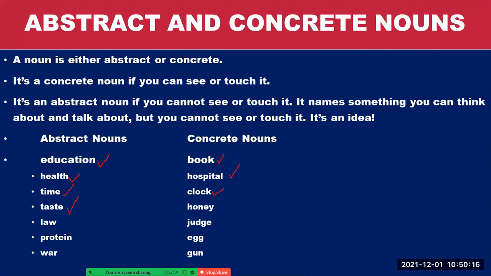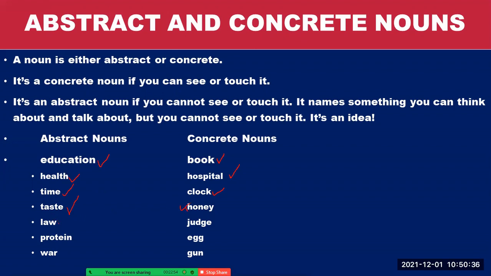Then taste is simply an idea, it's an abstract noun, but talking about things that taste sweet, honey is one example. And honey is a concrete noun because you can see it, you can touch it, you can taste it.